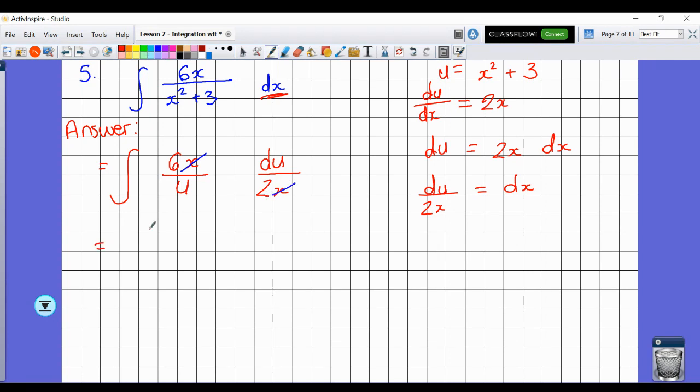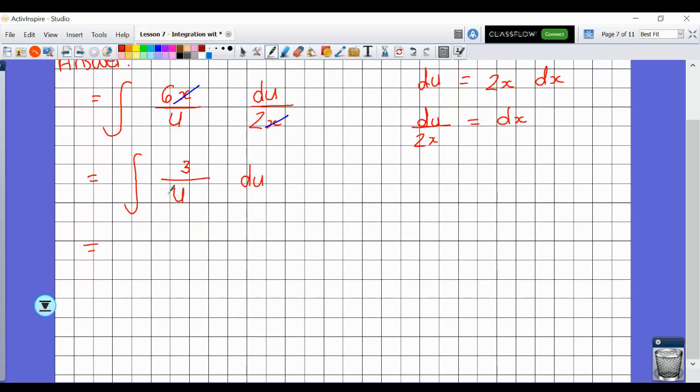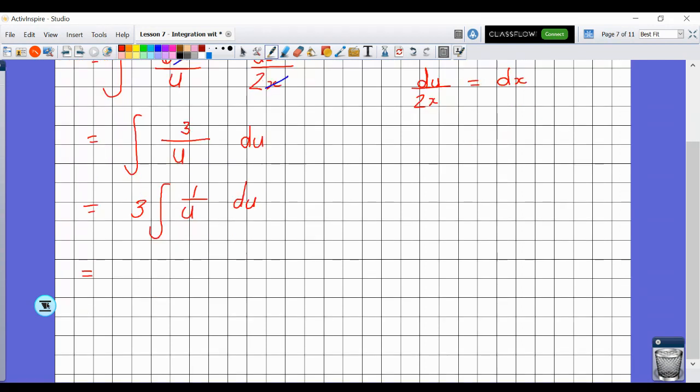So if we have a look at what's left here, so I've got 6 over 2, which we know is just 3, and I've got a u on the bottom, just here. Okay, so that stays in the bottom, because that's actually the special integral, because if you were to differentiate the bottom, you would get 1. We can manipulate this so we've got 1 at the front. Essentially what we're doing is taking 3 out as a constant, then we're left with 1 over u, and you should recognise this straight away.